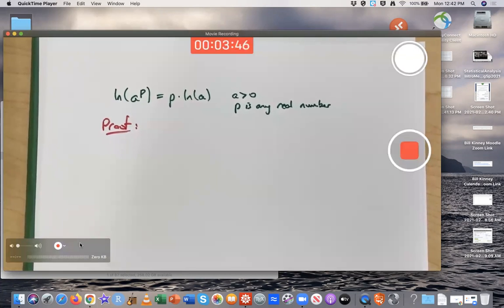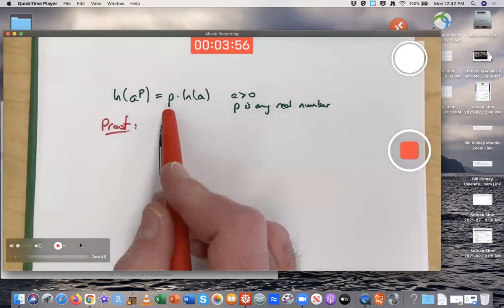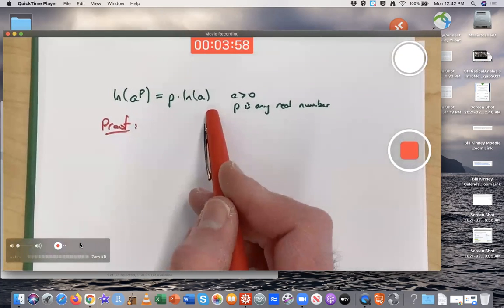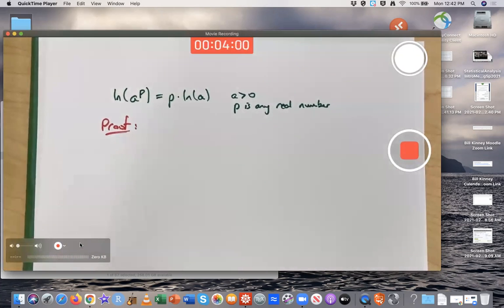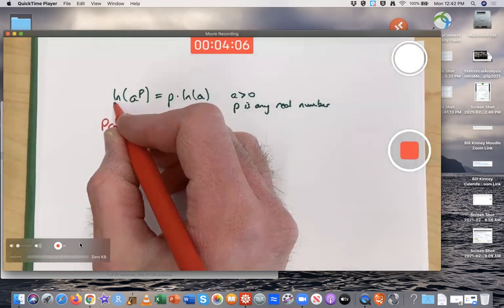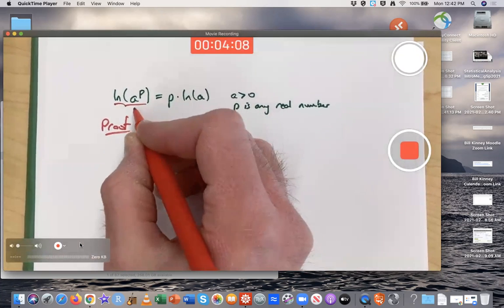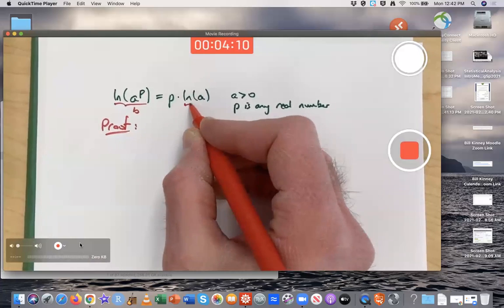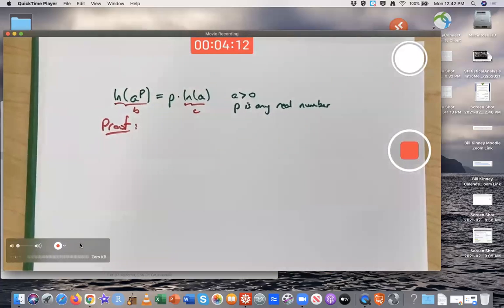Well, the first thing you should realize is that you just have an equality between numbers here. Think of a and p as fixed. Log of a to the p power is just some number. P is some number and log of a is some number. You could give those numbers names if you like. It might be helpful. It's kind of arbitrary. You could call this one maybe b, and this one c. You already have a p in there, and you already have an a in there, so I might as well use new letters.